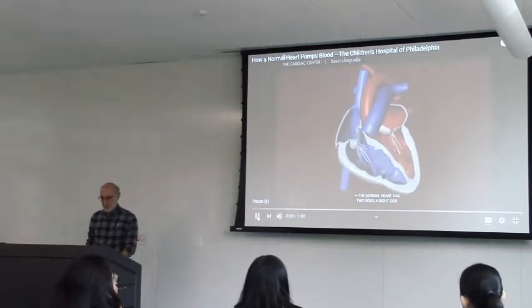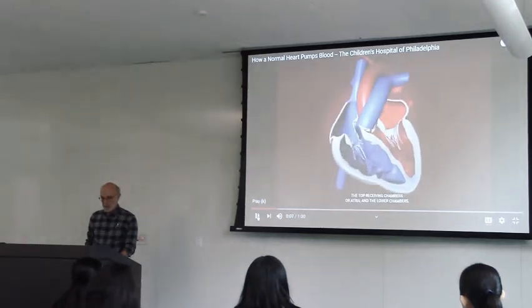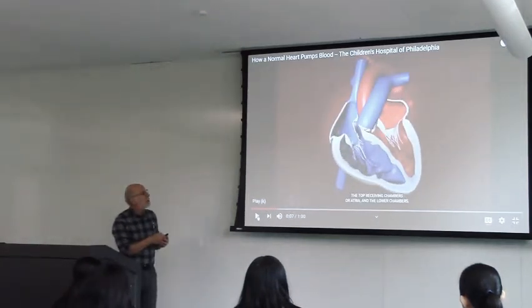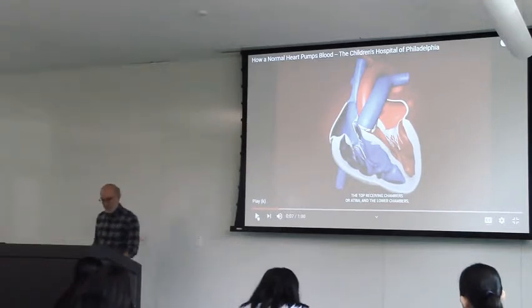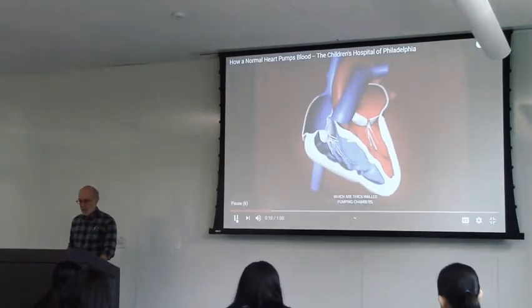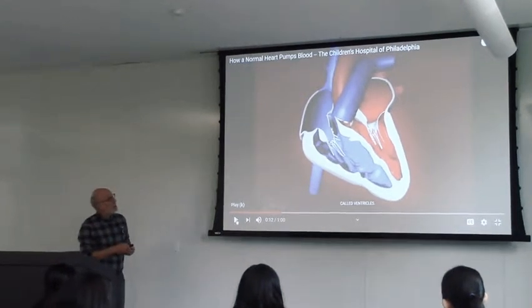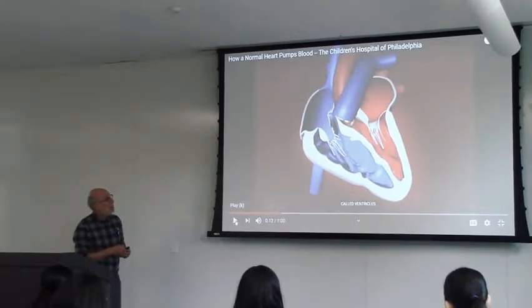Has two sides, a right side and a left side, and four chambers. The top receiving chambers, atria: right atrium, left atrium. And the lower chambers, which are thick-walled pumping chambers, called ventricles. Ventricles. Right ventricle, left ventricle.